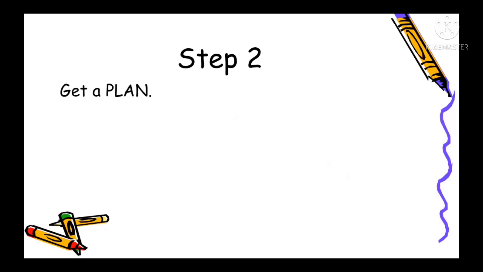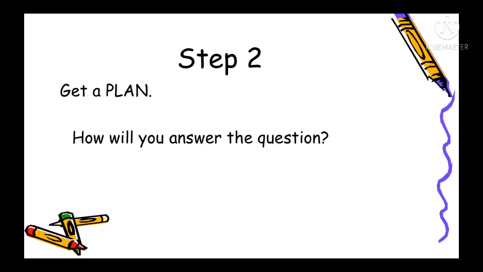Step two, get a plan. Teacher, where do I get the plan? What does that mean? Get a plan means, how will you answer the question? It will include the operation.